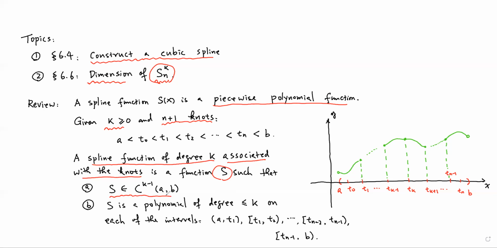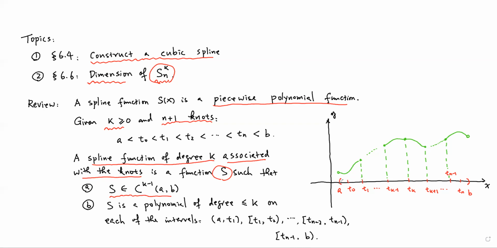Smooth means when a curve has a corner, it is not smooth. And over each of these intervals, the first interval, pay attention, is from a to t1, not a to t0.